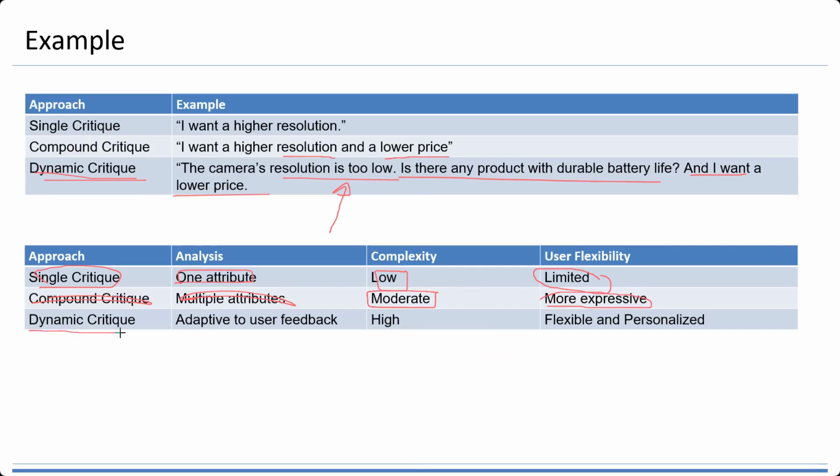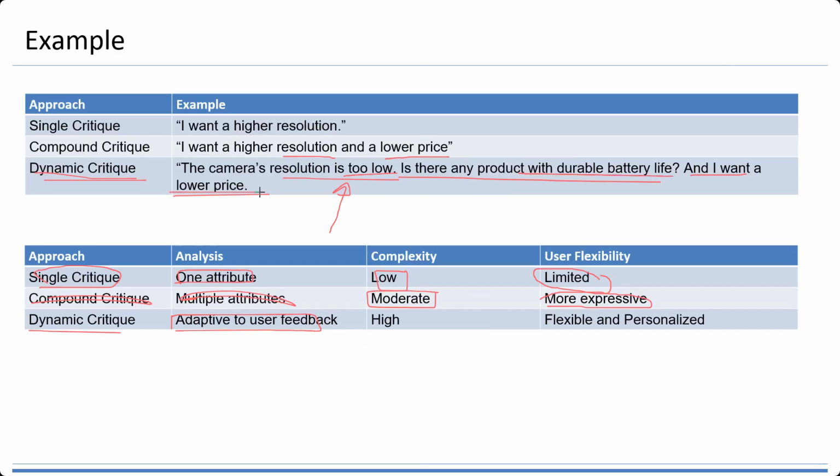For the dynamic critic, it is adaptive to user feedback. So for example, the camera resolution is too low. Then, okay, I know that the user wants a higher camera resolution. Or is there any product with durable battery life? Okay, then I know the user wants a good battery specification. And I want a lower price.